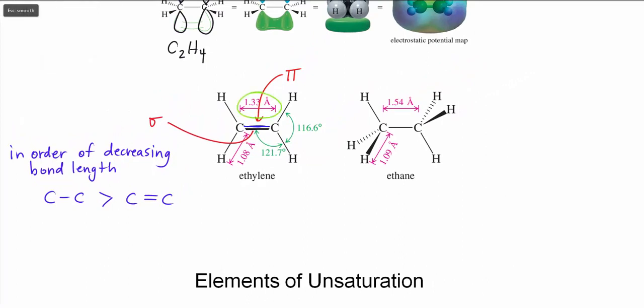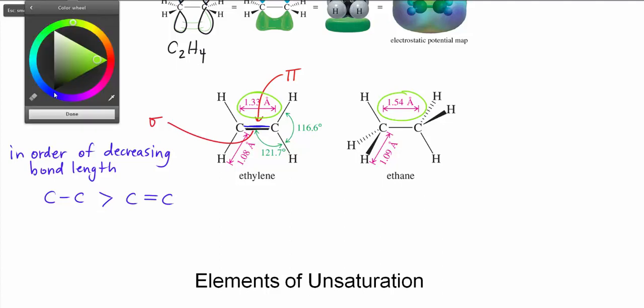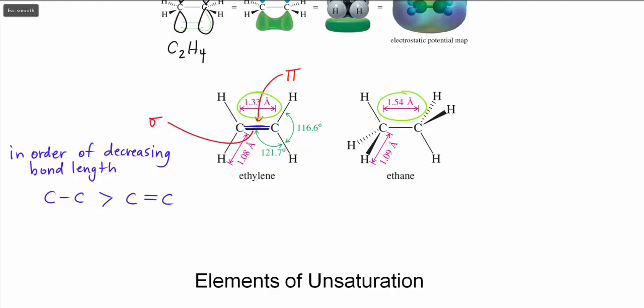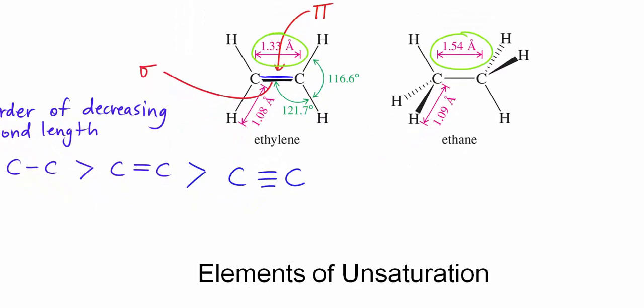A carbon-carbon double bond is 1.33 angstroms, whereas a carbon-carbon single bond is longer, about 1.54. And just to add, a carbon-carbon double bond is also going to be longer than a carbon-carbon triple bond.